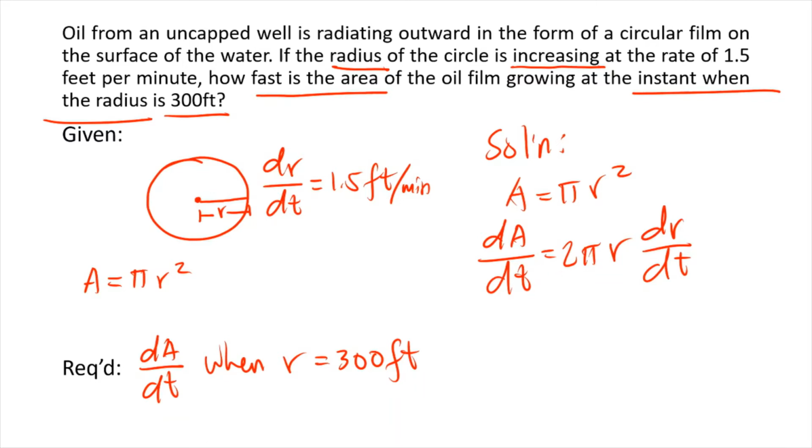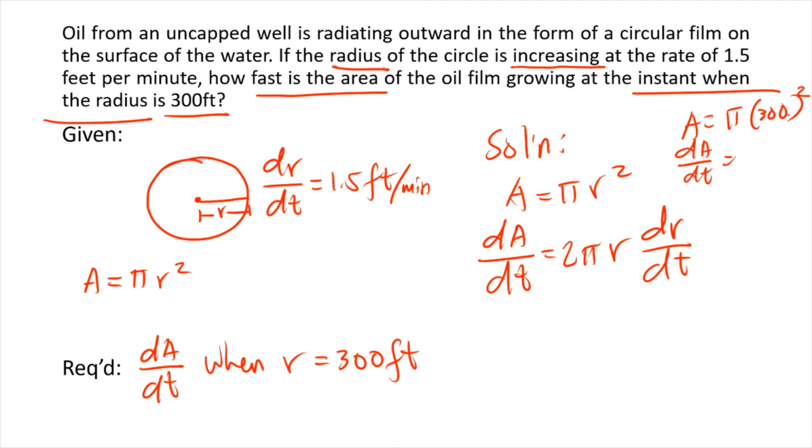Before we continue, imagine if we immediately put 300 feet for the radius. The working equation becomes A equals pi r squared, where r is 300 feet. And then taking the derivative with respect to time, the right side of the equation, this is a constant, right?